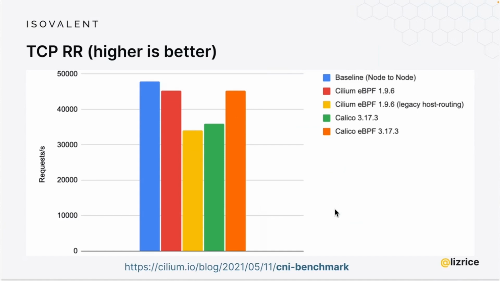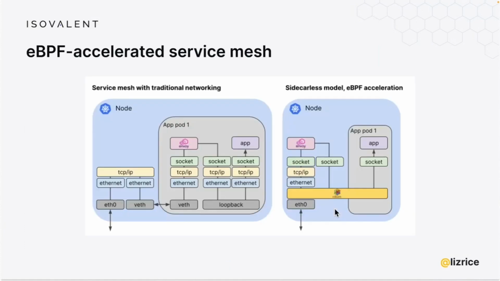Whereas the host routing versions, where the packet has to pass through the whole host networking stack as well, are significantly lower performance.